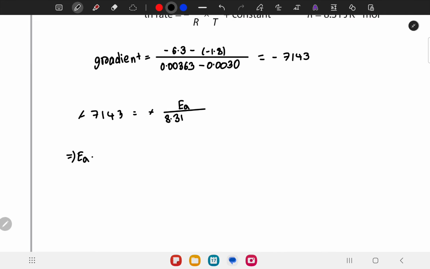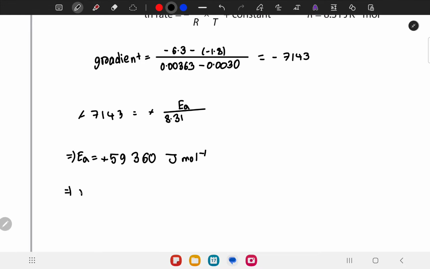The activation energy will be 59,360 joule per mole.